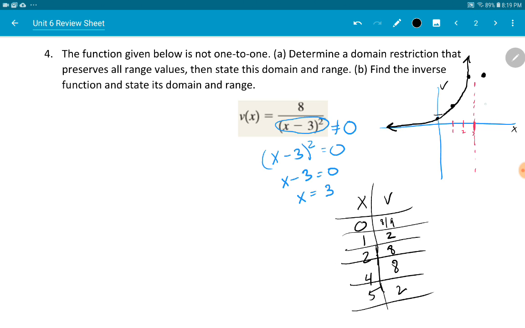And if we put in a 6, we'll get a reflection over the asymptote too. 6 minus 3 gives me 3 squared, which is 9, so that's 8/9. You can see this pattern repeating itself, along the vertical asymptote and the horizontal asymptote. So that's the shape of our graph.